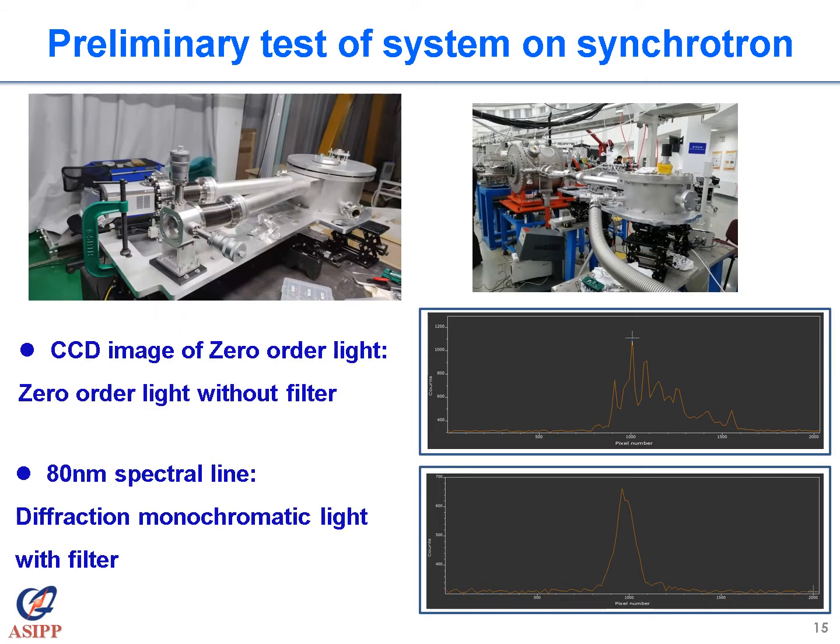The VUV spectrometer has measured zero-order light without filter and 18 spectral lines with filter.